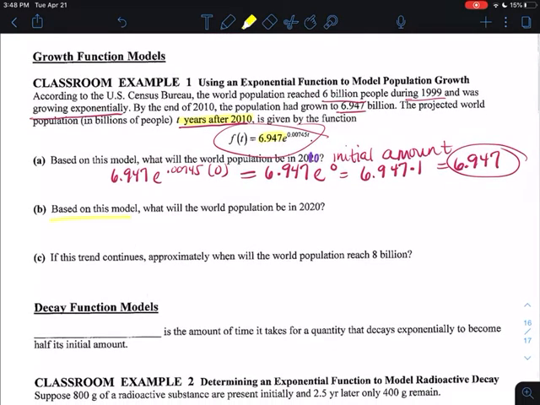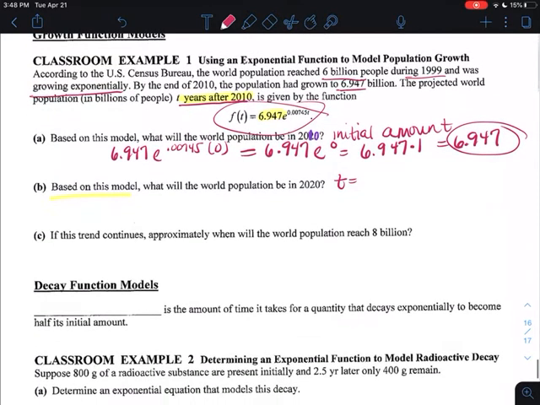Now for part B, it says, based on this model, what would the world population be in 2020? 2020 is exactly 10 years after 2010. So to get my t value, you take the year in question, which is 2020, and you subtract the year that's represented in this problem.